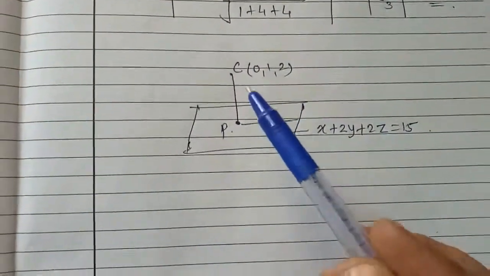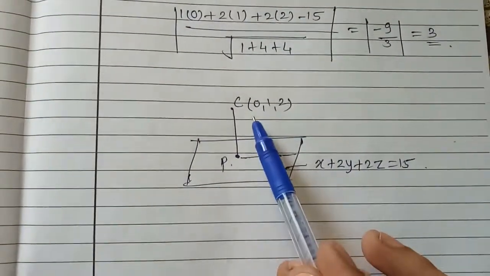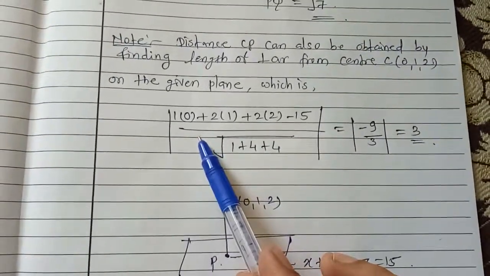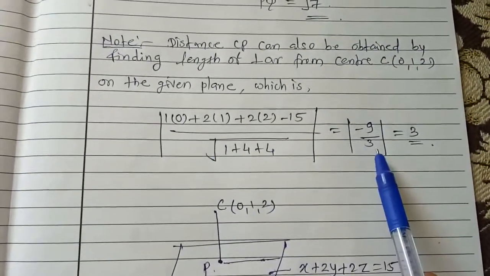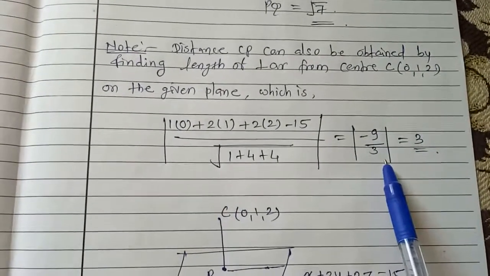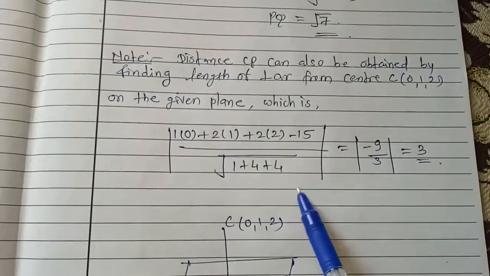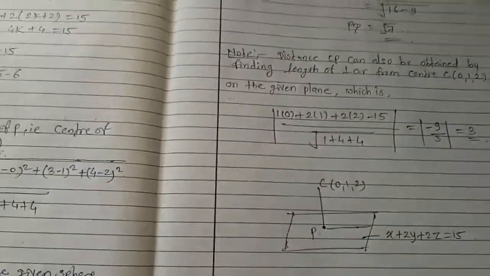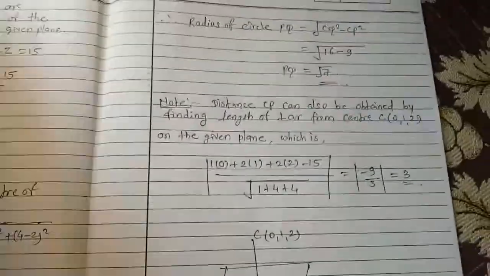We already have the equation of the plane and the coordinates of the center of the sphere, so by the formula we can find the distance CP by the second method also. So we have two different methods for finding the distance CP, which is a perpendicular distance, and the answer is 3. Okay, so this is the example on a sphere.